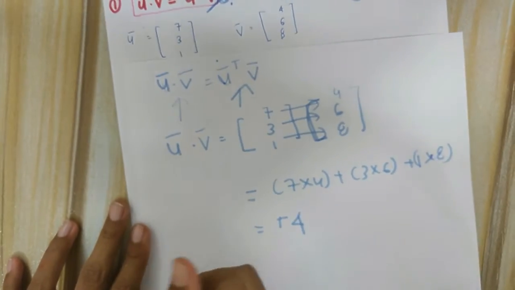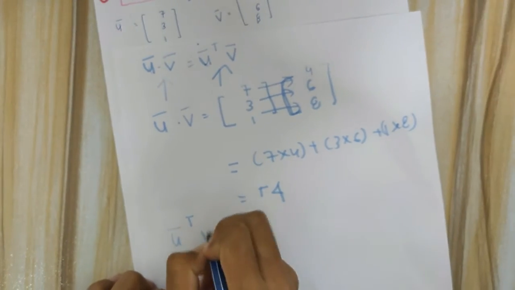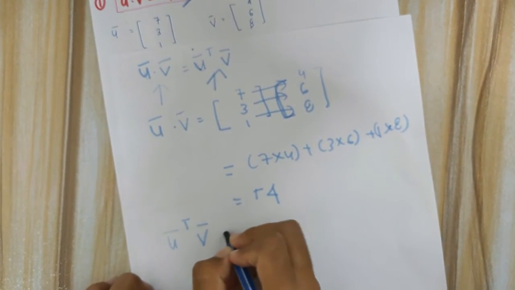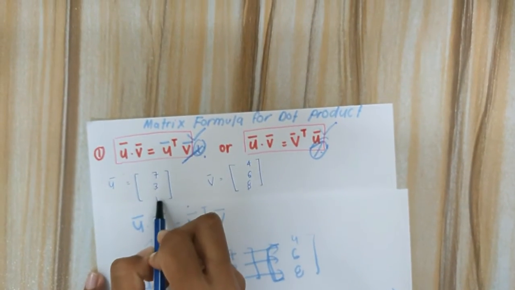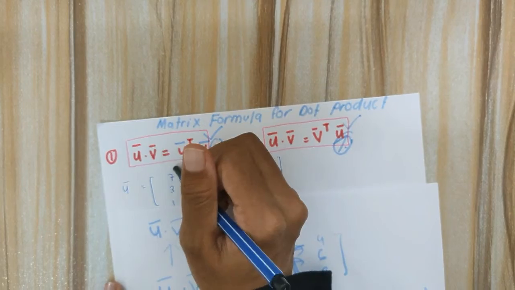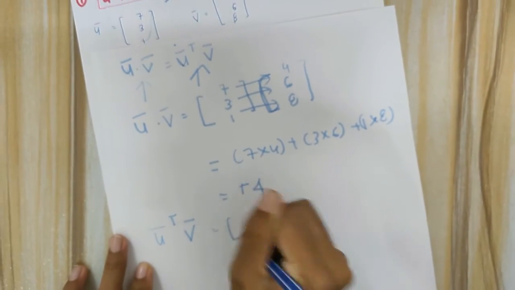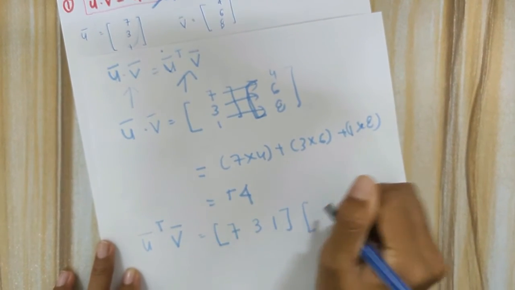So we do the U bar transpose V bar. For U bar transpose, that means we need to change this column into row. So U bar transpose will be like this: 7, 3, 1, and we copy back the V bar.